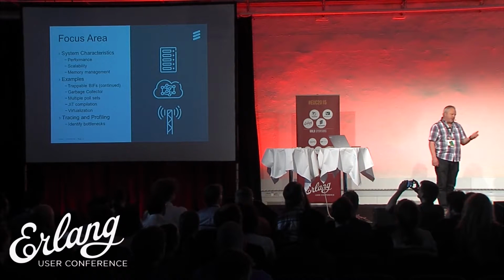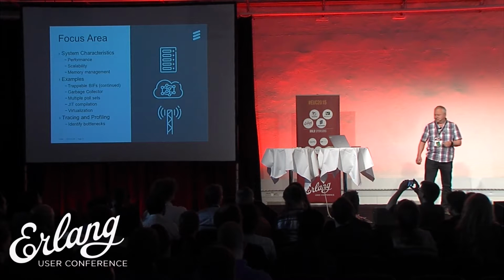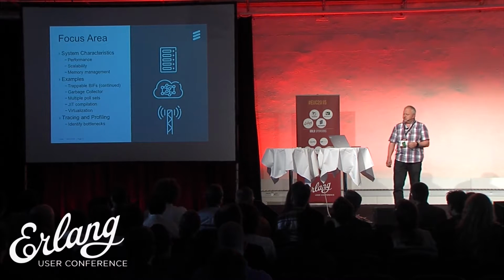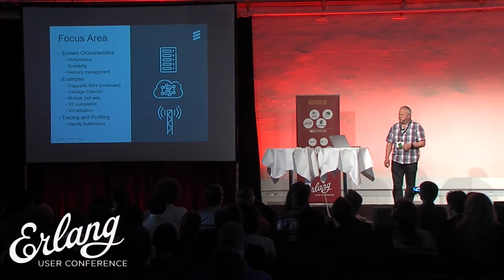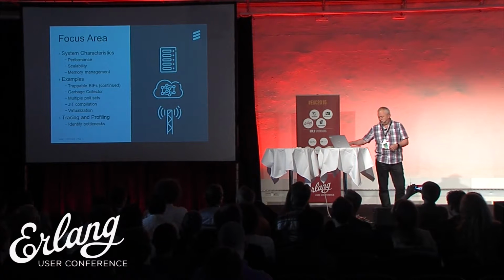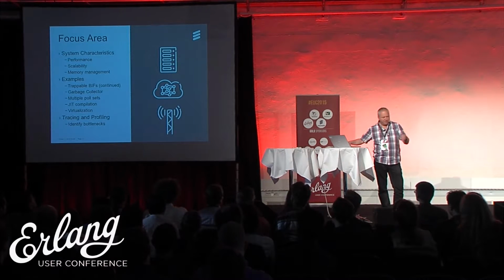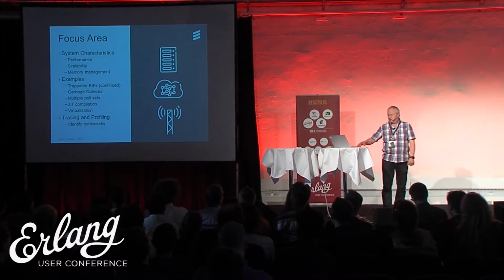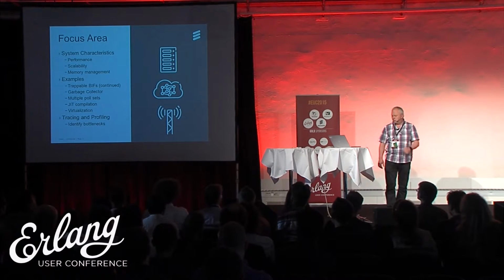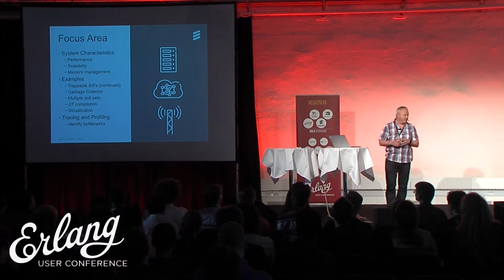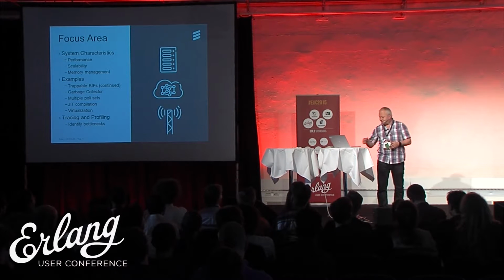For example, the timers. But I will talk more about that. Tracing is also another area where we will work after this coming release. It's important to have good ways of identifying bottlenecks both in our own code and in the applications.